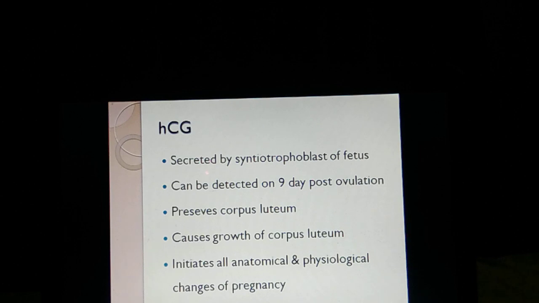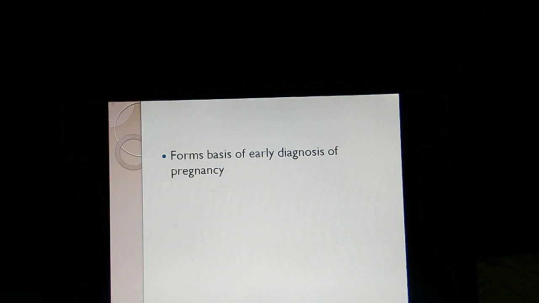The HCG is secreted by the syncytiotrophoblasts of the fetus, can be detected on the 9th day post-ovulation, preserves the corpus luteum, causes the growth of the corpus luteum, and initiates all anatomical and physiological changes of the pregnancy. It forms the basis of the early diagnosis of the pregnancy because it is being secreted into the urine.